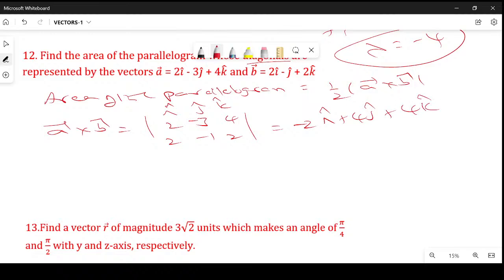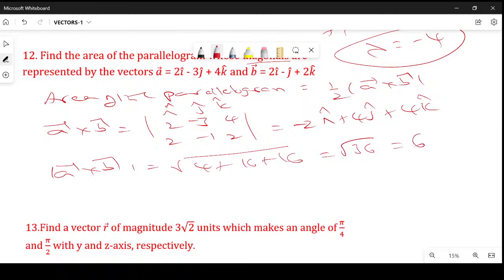So this is a bar cross b bar. Now what is the magnitude of this? Mod a bar cross b bar equals root of 4 plus 16 plus 16, which is root 36. That will be 6, right?